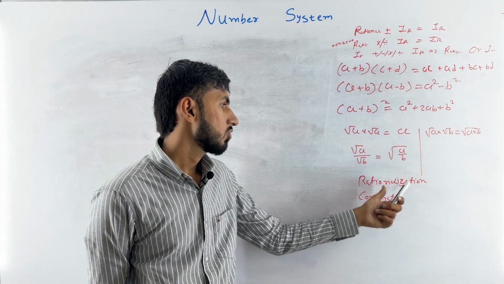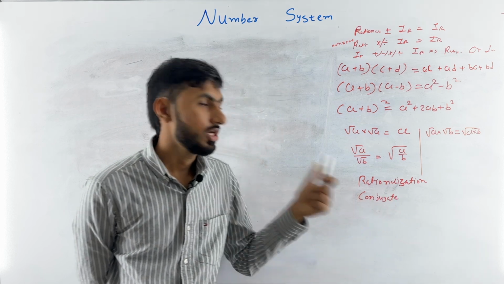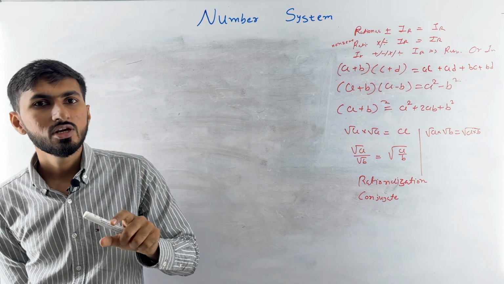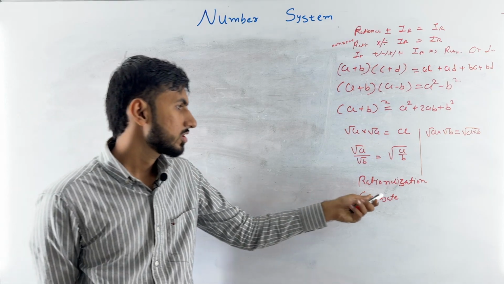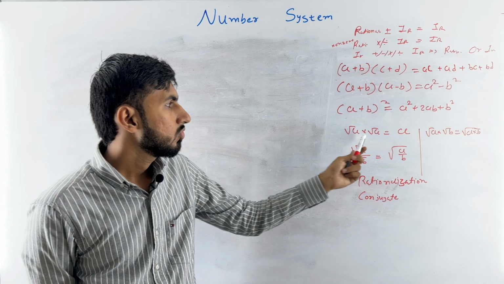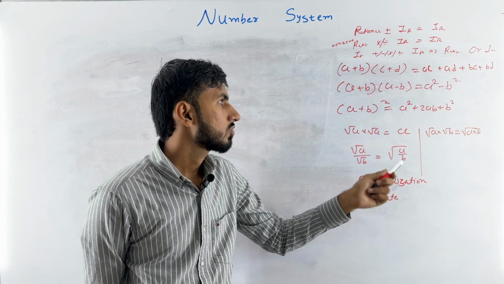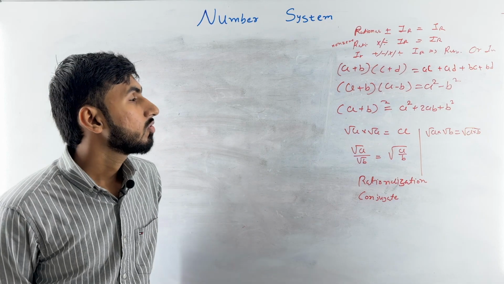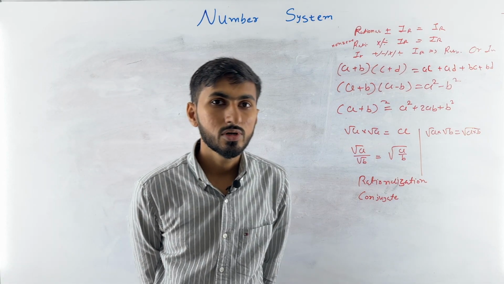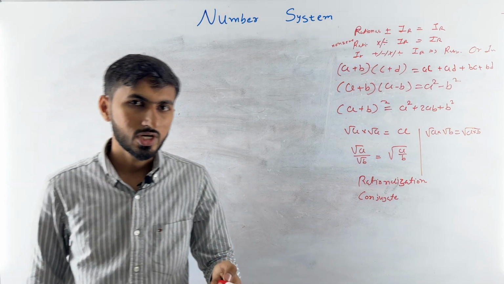We have learned how to rationalize radical numbers, that is, if we have irrational numbers in the denominator, what is the conjugate of a number, how to multiply two square roots, how to divide square roots, and how to simplify numbers that contain square roots, right?